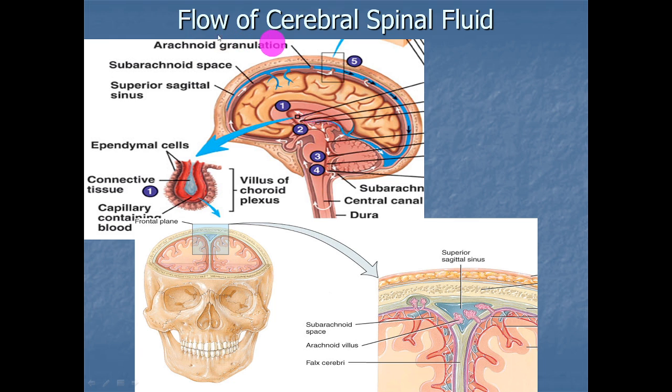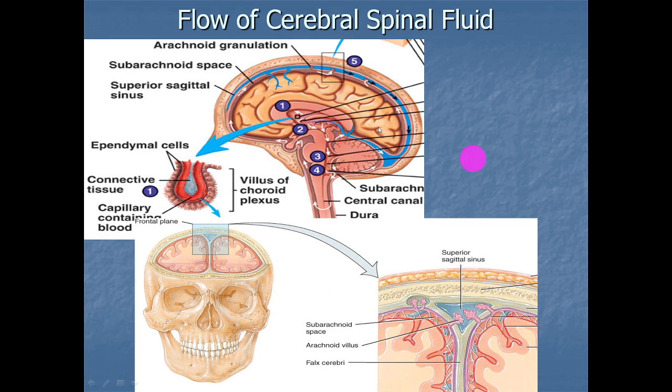Arachnoid granulations contain these basically capillaries called arachnoid villi. And these arachnoid villi are going to reabsorb the cerebral spinal fluid at the same rate our choroid plexuses are making it.